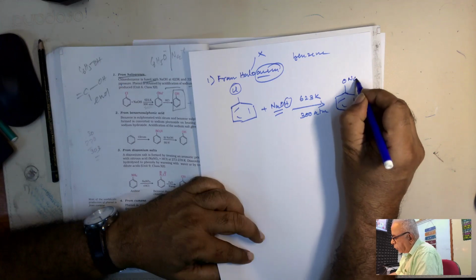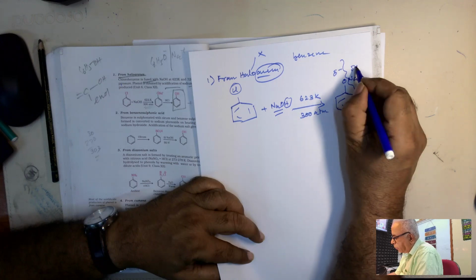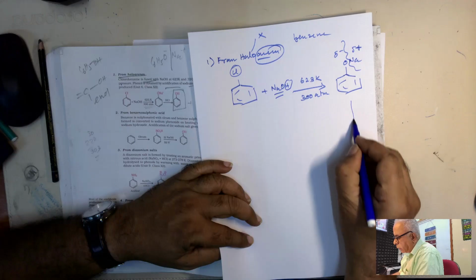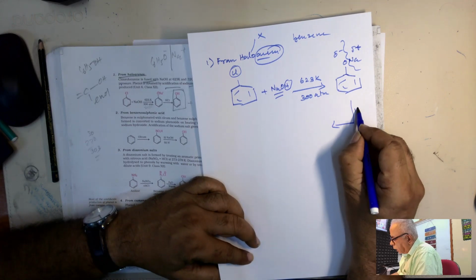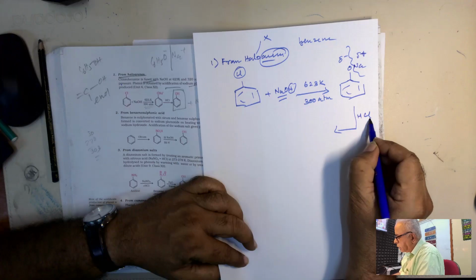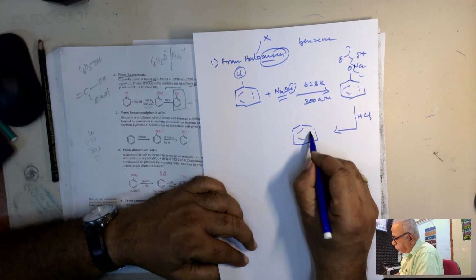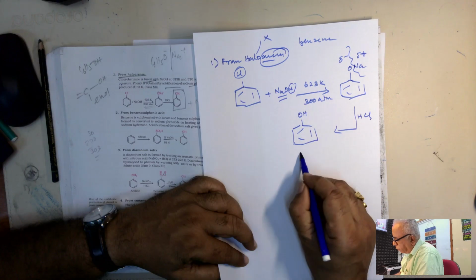This is called sodium phenoxide. This is plus, this is minus. So that on acidification, Na combines with the Cl and it becomes H. It can form phenol.